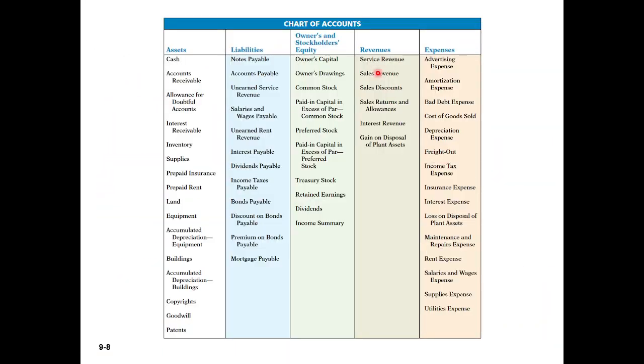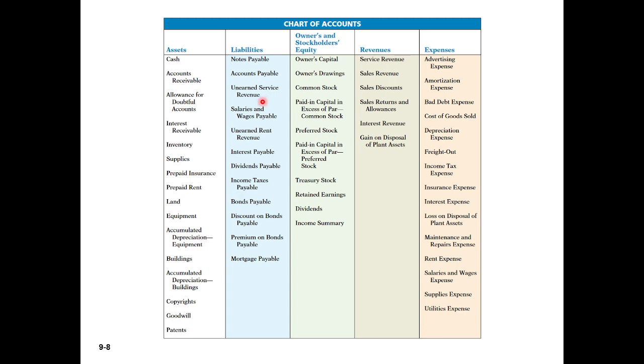Now the sorting of accounts: asset items, liability items, owner's and stockholders' equity items, revenue items and expense items. Assets: cash, accounts receivable, allowance for doubtful accounts, interest receivable, inventory, supplies, prepaid insurance, prepaid rent, land, equipment, accumulated depreciation, equipment, building, accumulated depreciation, building, copyright, goodwill, patent.